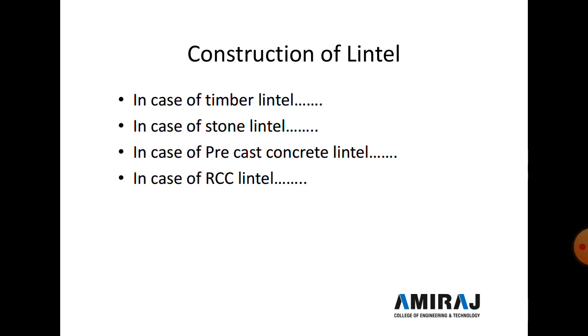So wooden lintel is easy to construct. Now the next type is the stone lintel. A stone piece having the required length is dressed to a required size and shape and then directly placed over the opening area. So here no manufacturing unit is required, only simple dressing and cutting is required. After cutting and polishing we directly put it on the opening area.